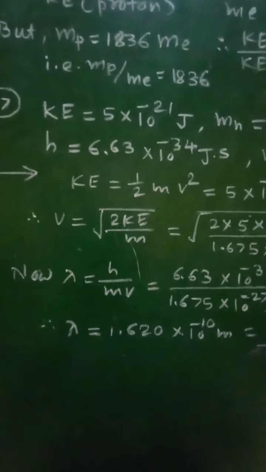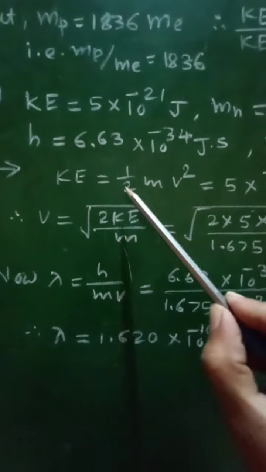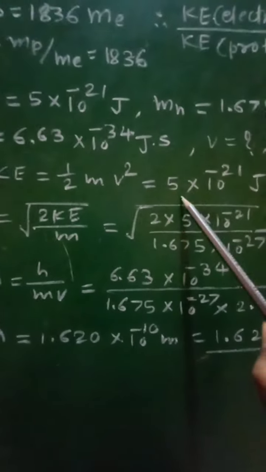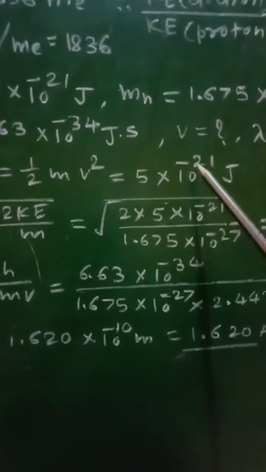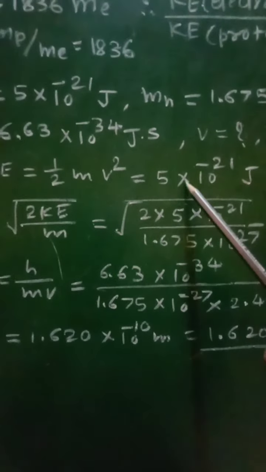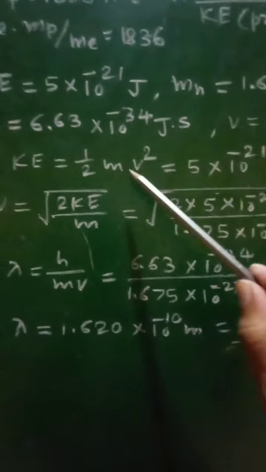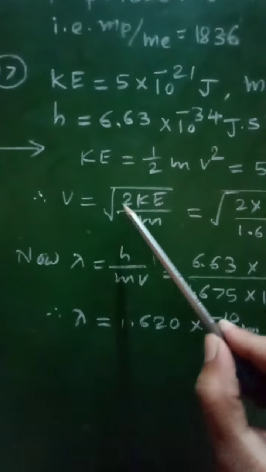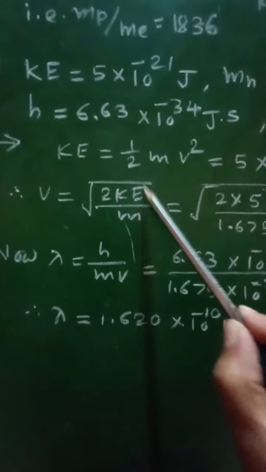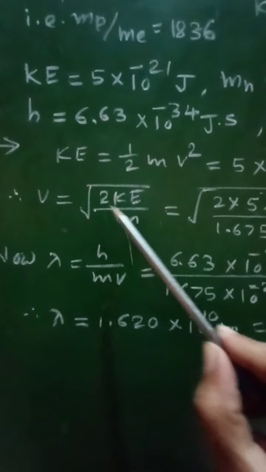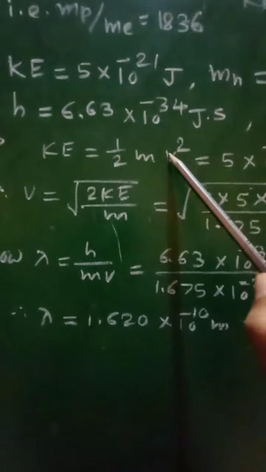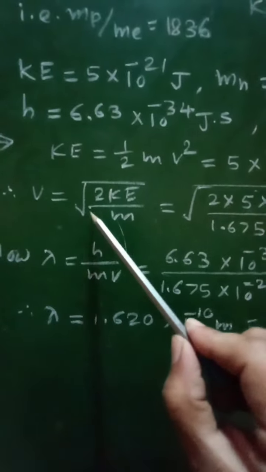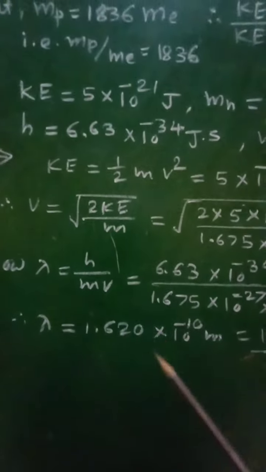Now we know the relation for kinetic energy, that is KE is equal to half m v square, which is given as 5 into 10 raised to minus 21 joule. Therefore from this relation, speed v will be equal to square root of 2 KE upon m, because v square will be equal to 2 KE upon m.